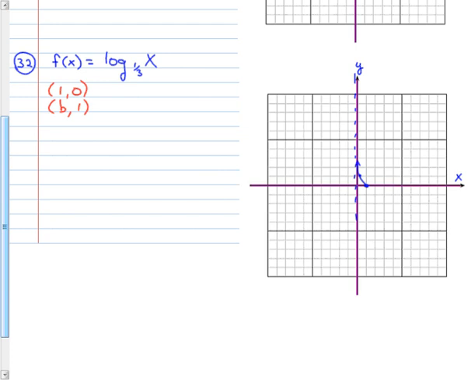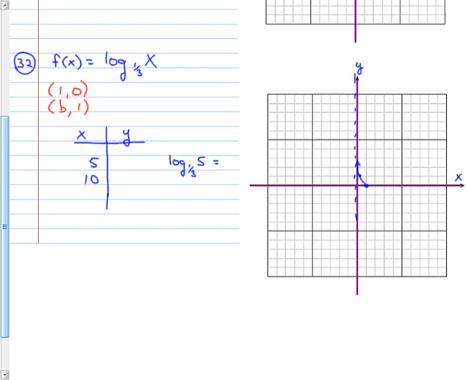So I'm going to pick a couple of values off there to the right. Let's use a 5 and a 10. So if I do log base 1/3 of 5, now we're going to use a calculator in that change of base formula that we learned.